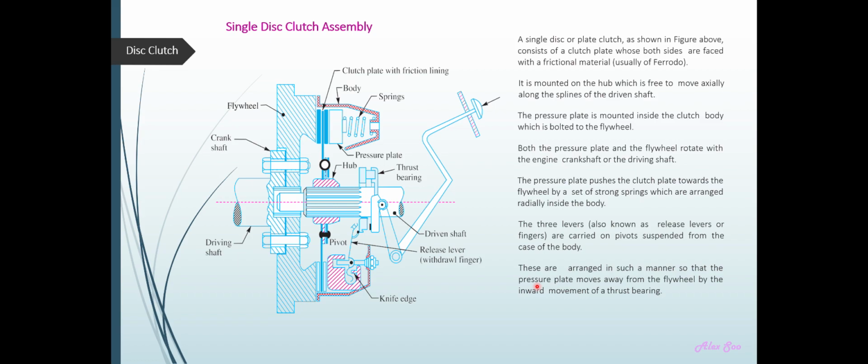So when the pressure plate moves away, the clutch will disengage. That is the single disc clutch assembly in general. The bearing is mounted upon a forked shaft and moves forward when the clutch pedal is pressed.